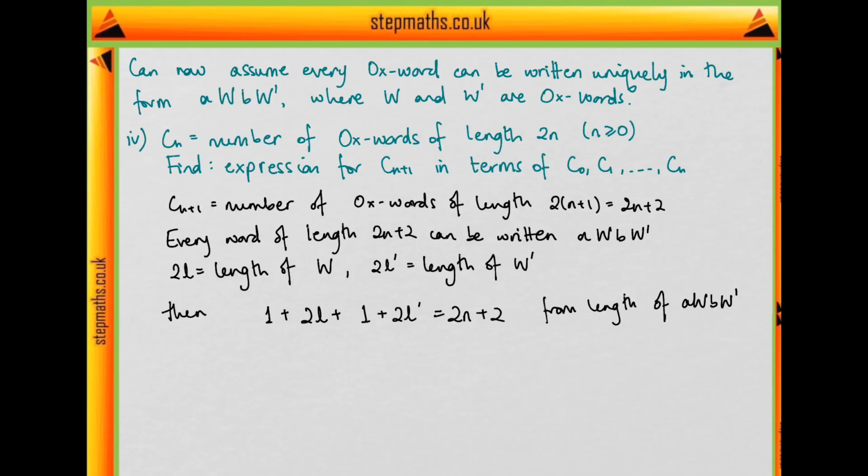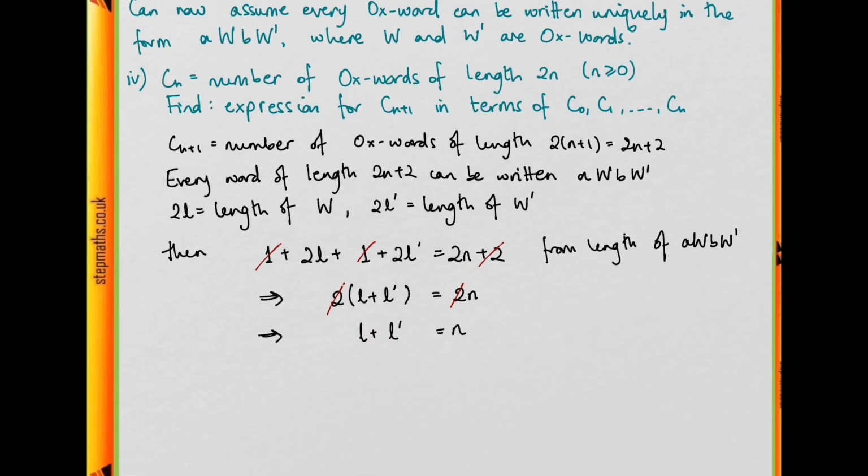And we know that this length then has to be equal to 2n plus 2. Well, now we can cancel the 1s with the 2, and we see 2 times L plus L dash is the same as 2n, and we can cancel the 2s to see that L plus L dash must be equal to n.